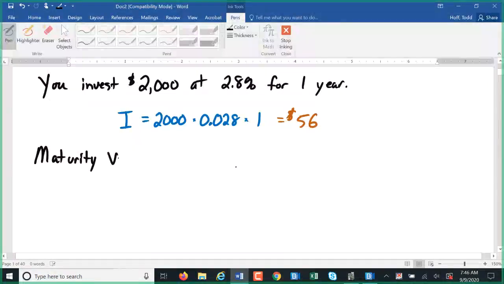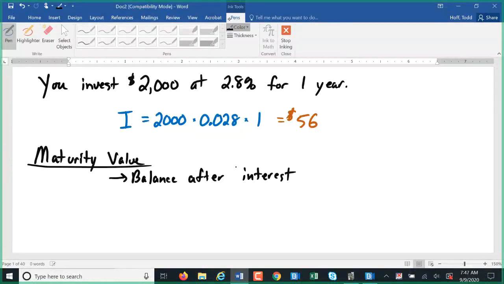There's something else called maturity value. Maturity value is the balance at the end, or the balance after interest. And this formula is pretty simple.